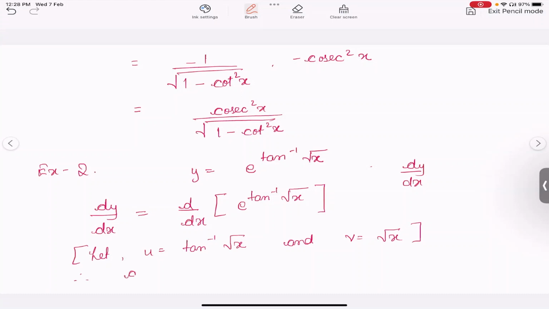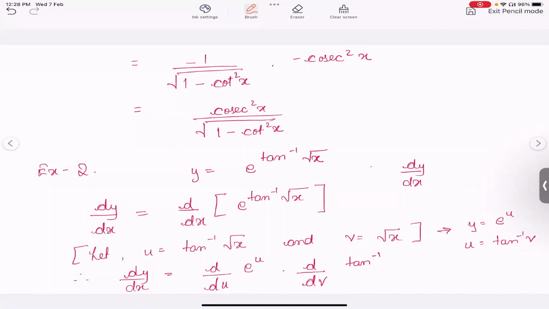So dy by dx will be equal to, using chain rule, d by du of e to the power u times, in place of u what we have, u is equal to tan inverse of v. So y is equal to e to the power u, u is equal to tan inverse of v, and v is already square root of x.